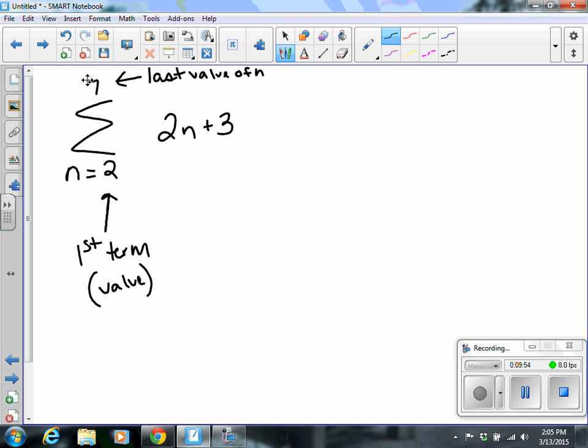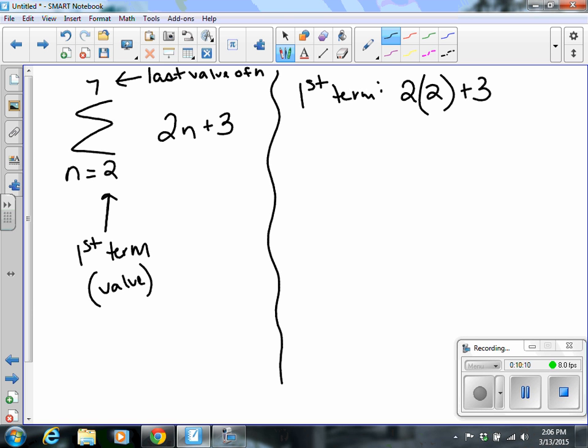So what does this mean? This means that my first term is going to be 2 times, well, what's the first term value? First term value is 2, plus 3. So I know that's going to equal 7. So that's my first term.